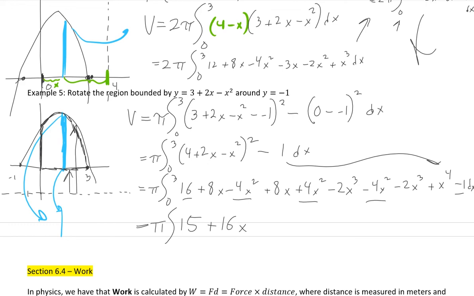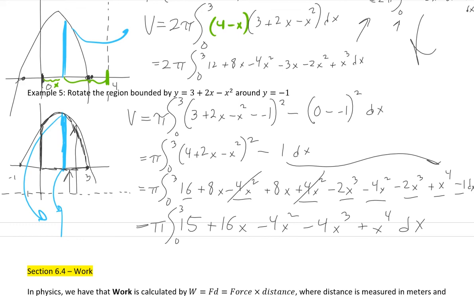Did I do those right? Yeah, it looks like. Okay. So that means those two will cancel out, so I have minus 4x squared. And then I have those for cubes, so I have minus 4x cubed plus x to the 4th dx. All right. And that going from 0 to 3.